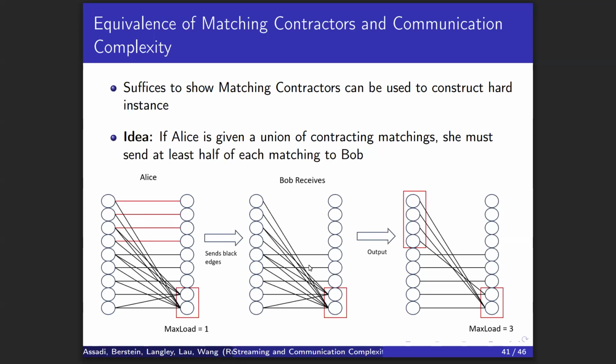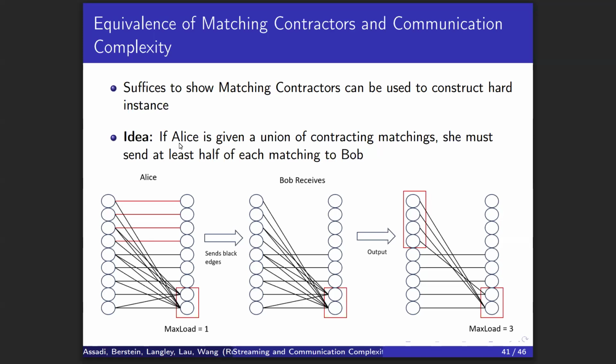So for every single matching, Alice basically has to send a constant fraction of these edges, which means the number of edges she sends has to be on the order of the density of the input graph. This is a rough sketch of why these can be used to lower bound the communication complexity of the problem.